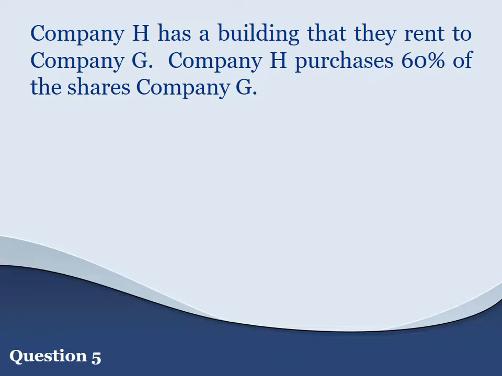When does all of this take effect? When does this particular change that this scenario gives us take effect? At the point at which the acquisition happens. The point at which Company H acquires the shares in Company G, Company H is now required to start preparing a consolidation. So from the date that they acquire control, from a group perspective, the property changes its classification from investment property to owner-occupied property.